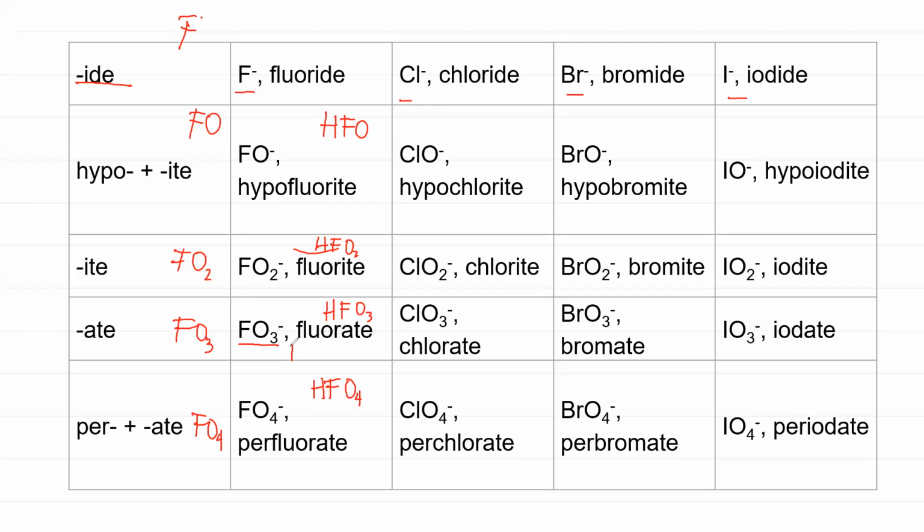Kaya ito yung tatawagin natin na, ano yung pangalan ng acid? Basta 8 (ate) ang ending ng polyatomic ion? Fluoric acid. Okay, very good. Basta ang kanyang polyatomic ion ay nag-i-end sa 8 (ate) like this one. FO3 siya, ang fluorate.